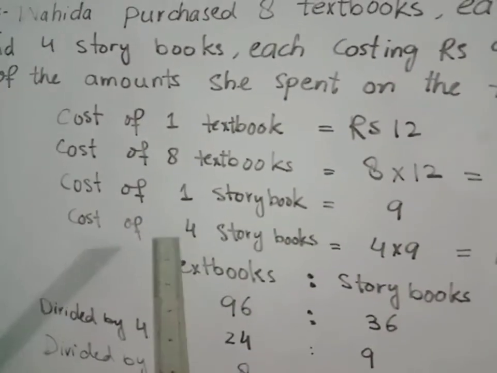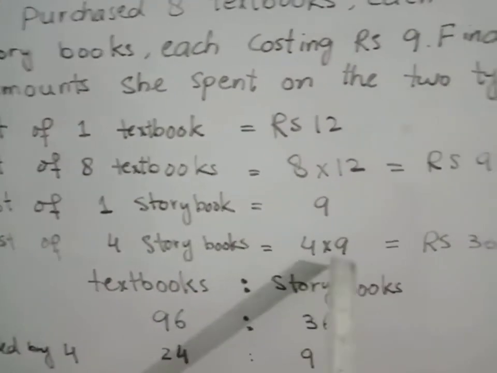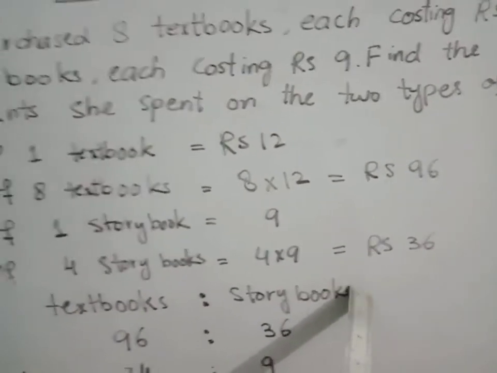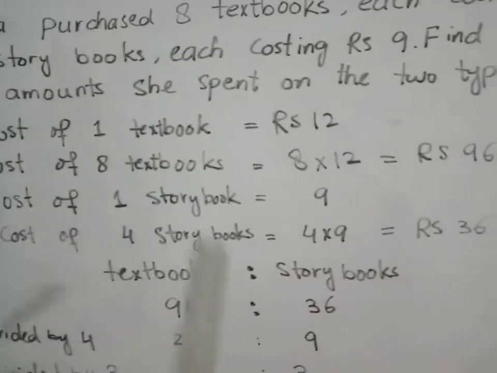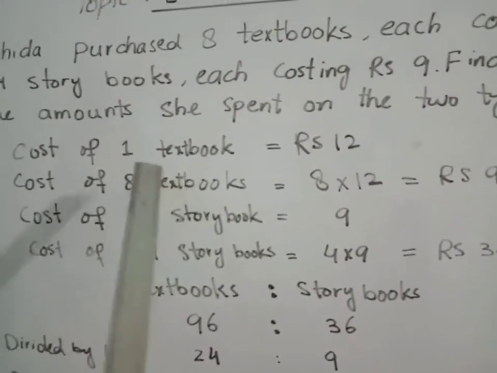So you multiply 4 by 9, and the answer is 36 rupees. So we have the cost of the textbooks and the storybooks.